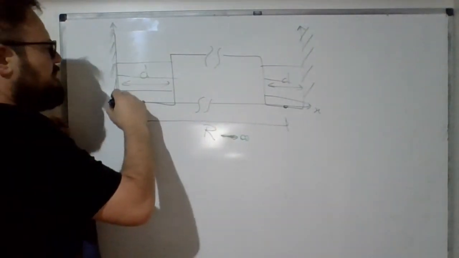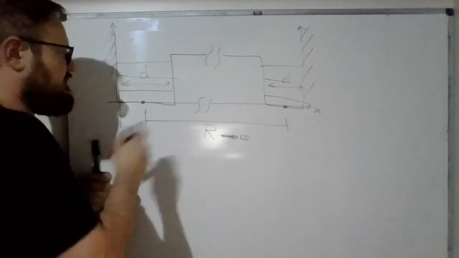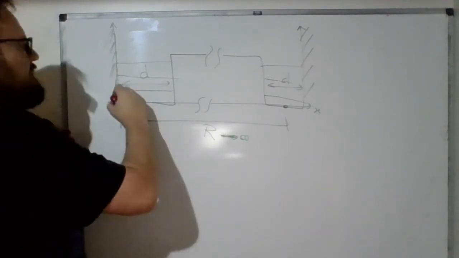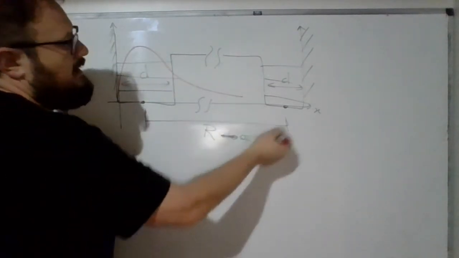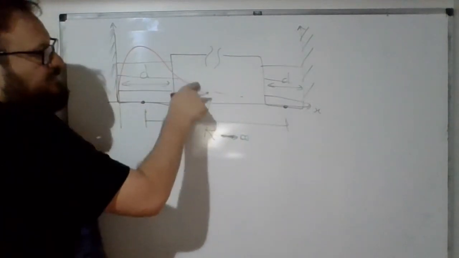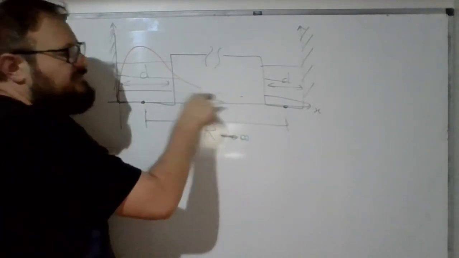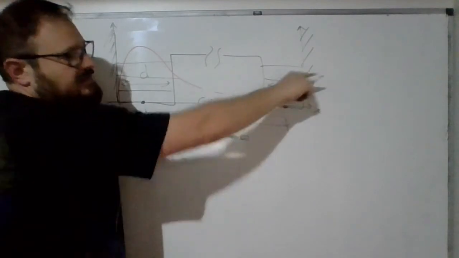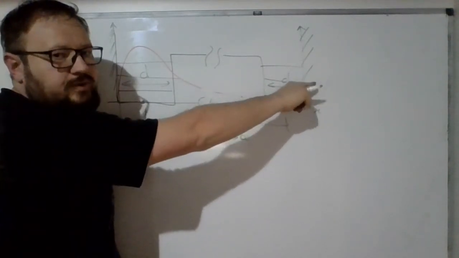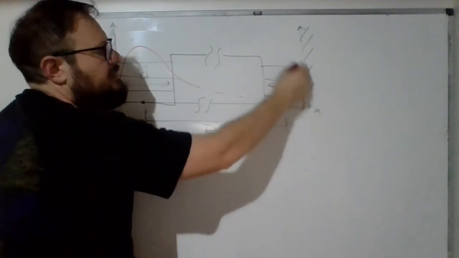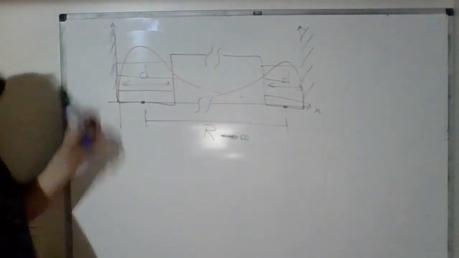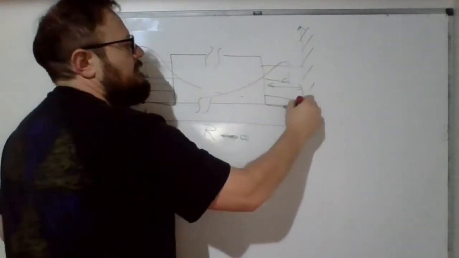So the first solution is something like this. For the first well here, it's something like this, and this goes rapidly to zero, so it doesn't see the other potential well. And the solution here is like this, all right? It's the same.